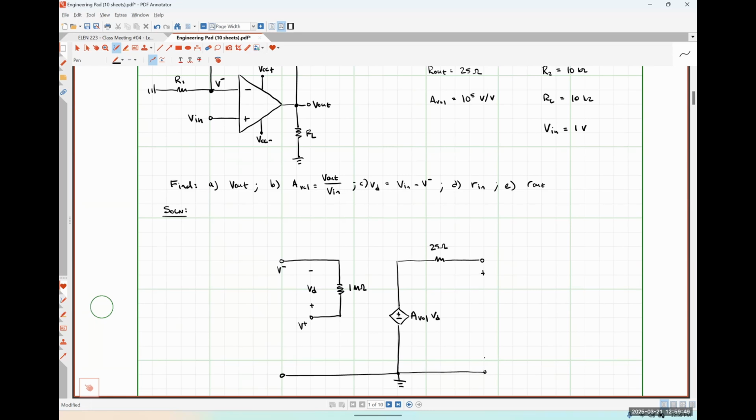And then here is my output voltage V out. Okay, so I've got my practical op-amp model in there. Now I'm going to start making the other connections. Okay, so between the output node and ground, I should have my load resistor RL. So that's going to look like a 10 kilo ohm resistor over here.